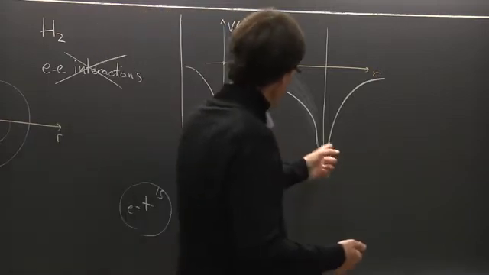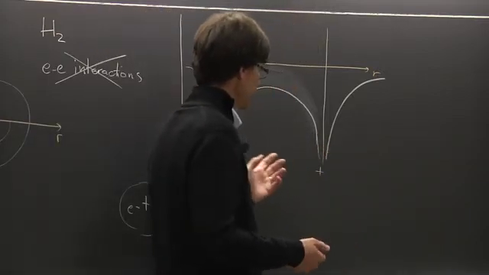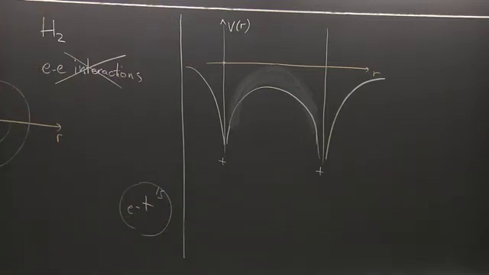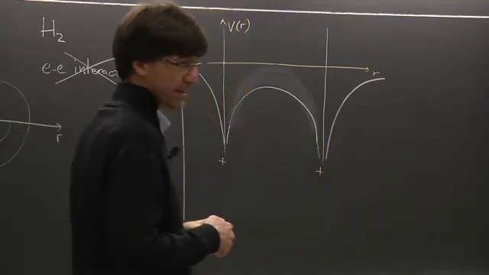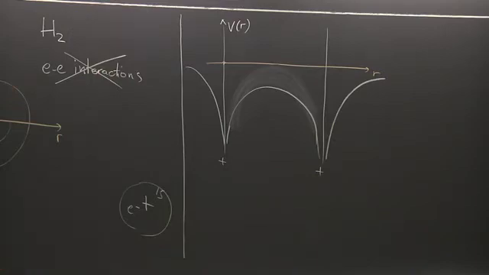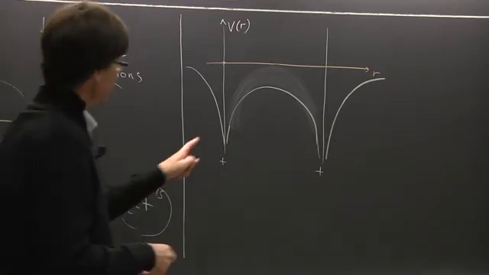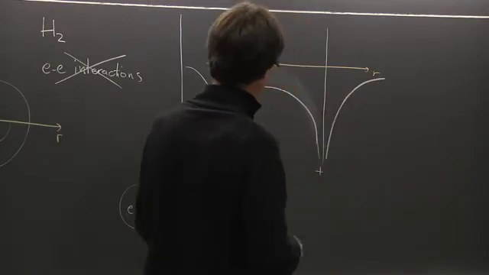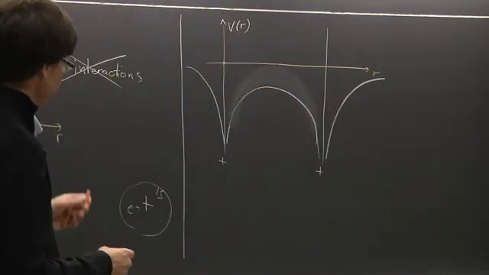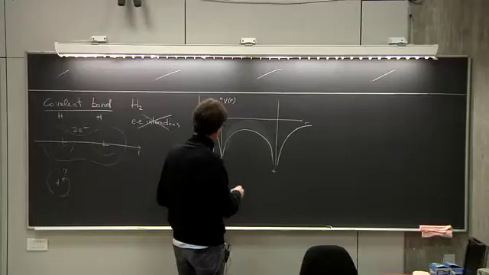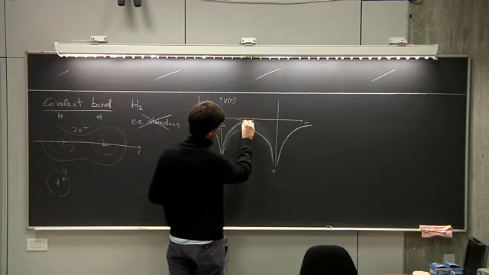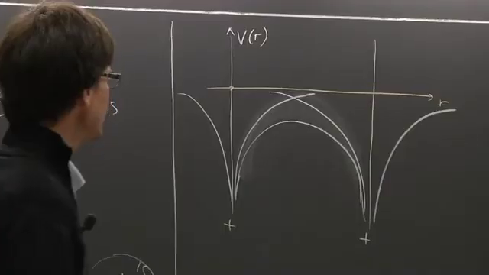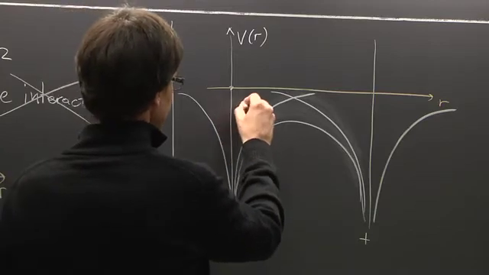The problem, of course, is that these two are now close to one another. So how can we use the information that we can extract from the solution of the hydrogen problem in order to solve this more complicated problem? Okay, let me write the full potential as a sum of two potentials. So let me now plot this one and this one. By this, of course, I mean these two lines.